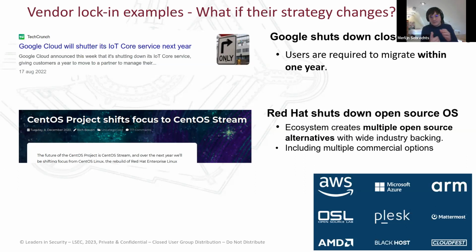Because there was a large open source ecosystem surrounding this operating system, there are now multiple open source alternatives and multiple alternatives with commercial offerings and wide industry backing. I put some of the logos of the industry partners that are backing some of these open source continuations of this project that Red Hat shut down.